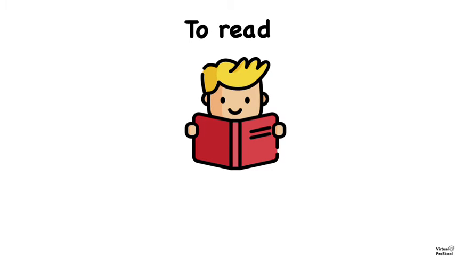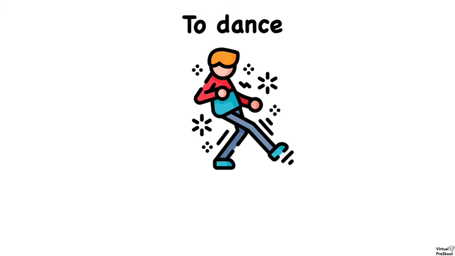So now let's work with our verb vocabulary to turn some verbs into commands. So to read, first, what is to read in Hindi? Padhna. So how would we turn it into a command? Padho. To dance. What is to dance? Nachna.